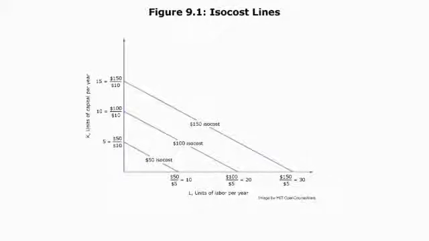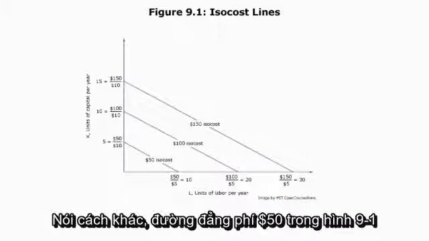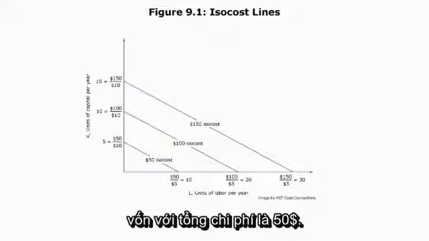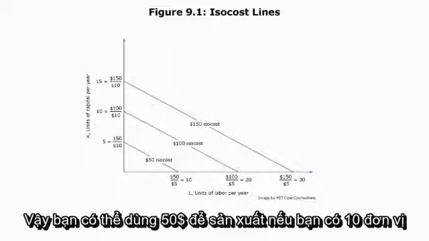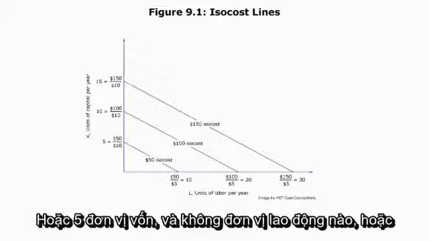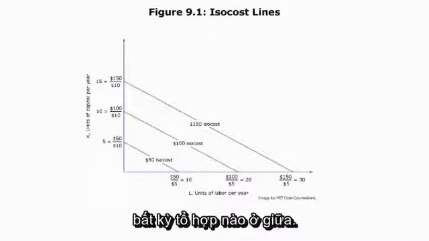So the $50 iso-cost line in figure 9.1 shows all combinations of labor and capital that cost $50. You could spend $50 in production if you had 10 units of labor and no units of capital, or 5 units of capital and no units of labor, or any combination in between.